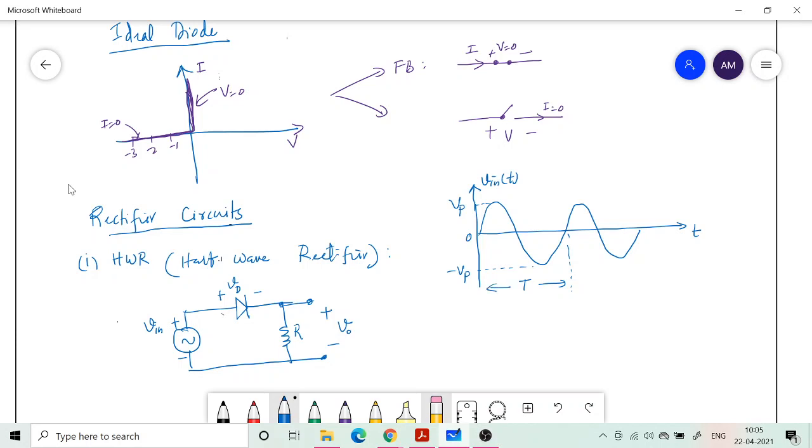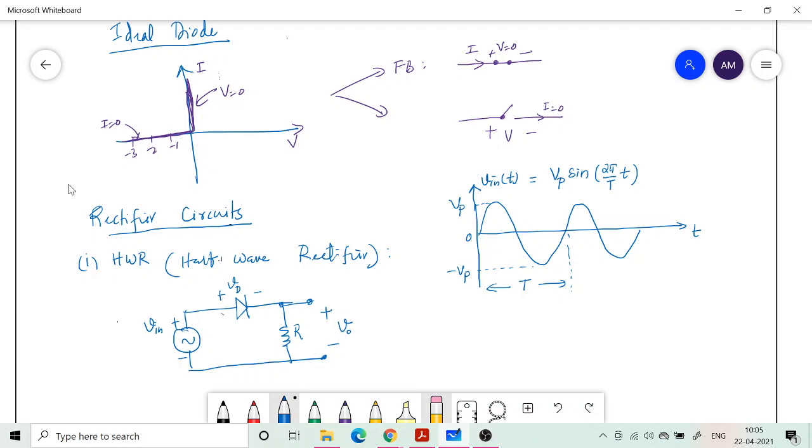If you want an expression for this V in of t, it is basically Vp sine omega t, where omega is the angular frequency. This is one period T. If you want to write it in terms of T, omega is 2 pi by T, and so this is the expression.